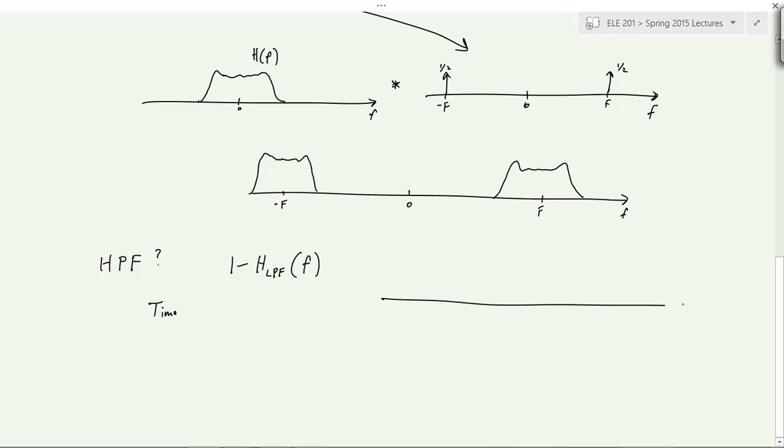So what we mean is we want something like this. We want to cut off parts of the signal at too low of frequencies. So we want a frequency response that looks like that type of a thing. Ideally, it would just be a sharp threshold. And notice that if we did 1 minus our low-pass filter above, we'd get something like that. There would be some ripples here.